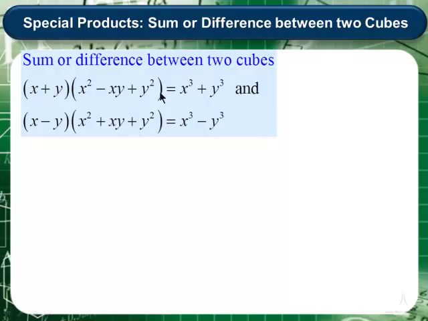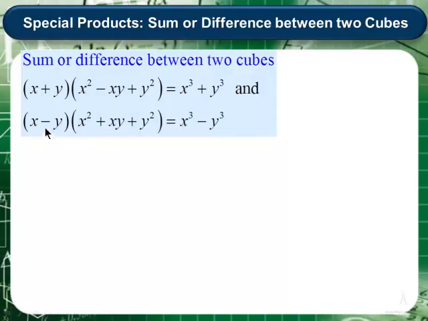So either we have this structure, and you can see the structure here, x plus y multiplied by a trinomial, the first term must be the square of the first term here, and the last term in the second factor must be the square of the second term in the first factor, and with the plus here we need a negative, and then just the product of the terms of the left hand side polynomial, in this case a binomial. If that is the structure, then we always have this type of expansion, which is very simple, lots of cancellation and simplification in that process.